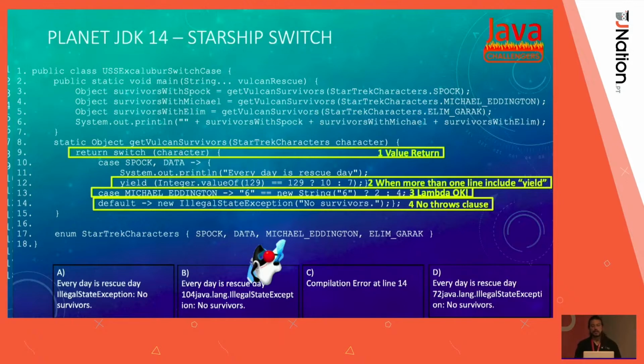And as you can see, in the first getVulcanSurvivors, we are passing Spock. So it's going to go into the first section of the code, case Spock or Data. Notice that we are using the valueOf method, which returns a new Integer.